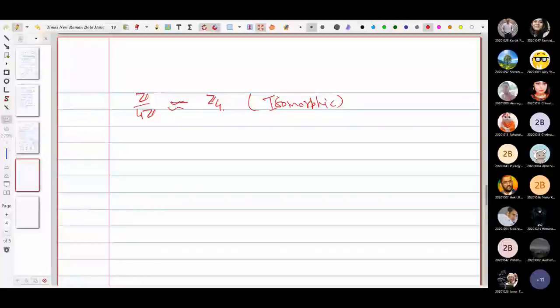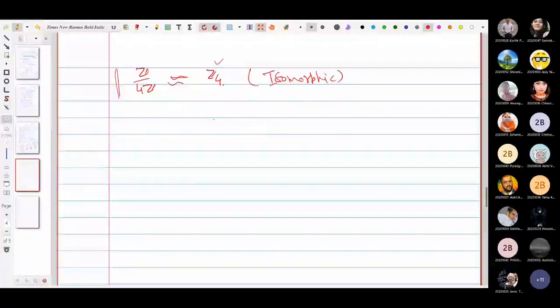So essentially this group Z by 4Z is the same as Z4, but the presentation or the kind of elements they have, their appearance, is different. By properties, they are same. So until now, do you have any doubt? Okay. If not, let us move further.